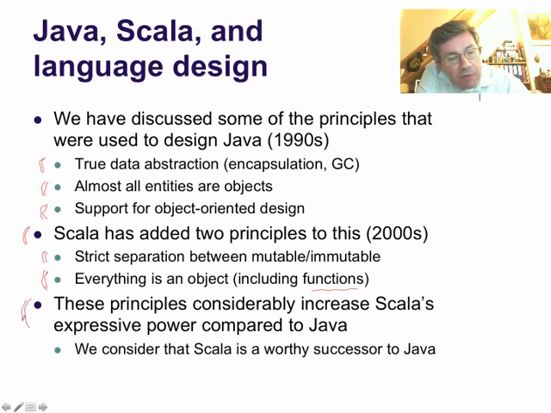So if you look at these 2 principles, in addition to the principles coming from Java, these principles considerably increase Scala's expressive power compared to Java. And it doesn't seem like such a big difference, but in fact, it's an enormous difference when you start building things, how much more powerful the factorization that you can do in Scala. So we consider that Scala is truly a worthy successor to Java.